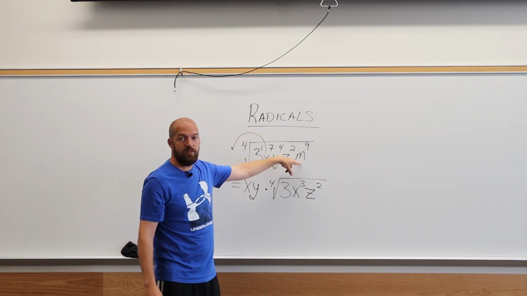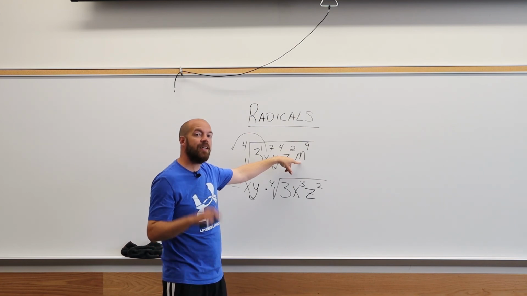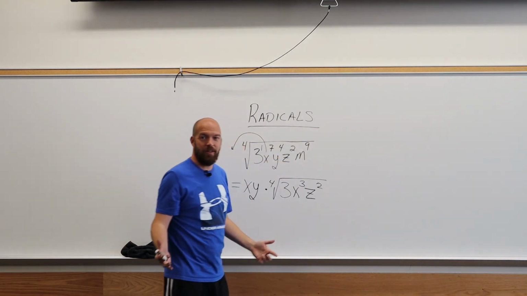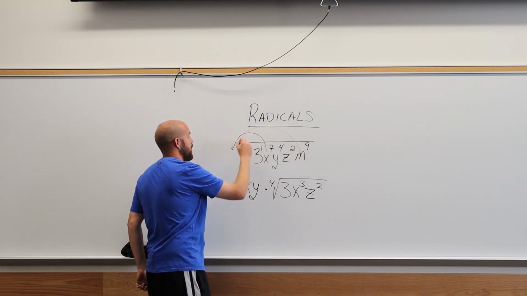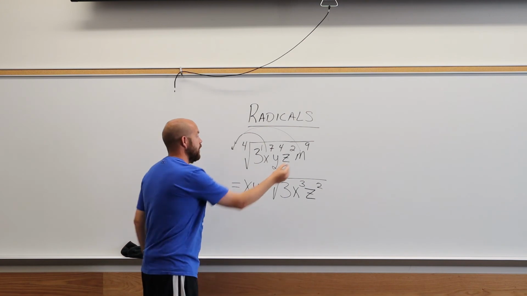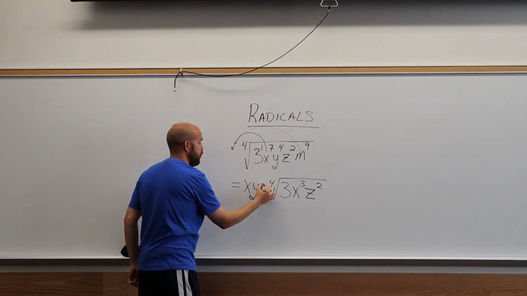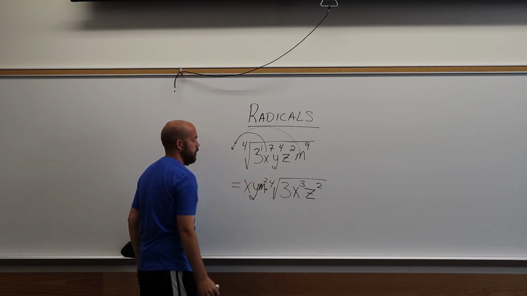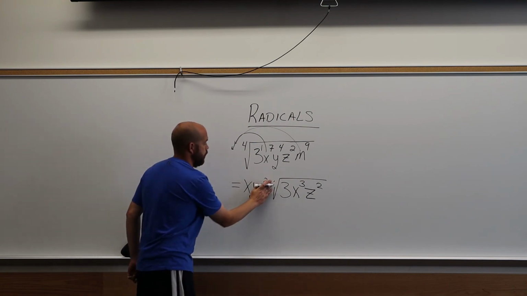M has too many. In fact, he has so many he can get himself out twice. Not really sure how that works. But if I take an m out, that cashes in 4 tokens. I still have 5. So he can come out again. So there's 2 m's out here. So I have m squared. And my 4, see that?